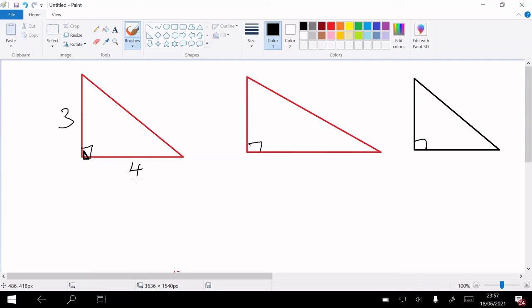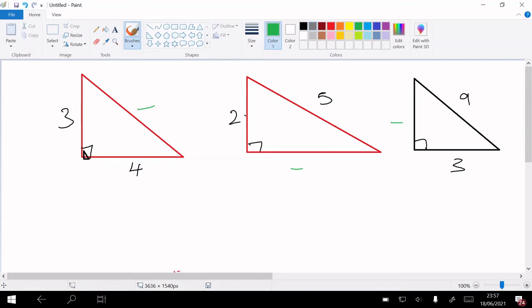For the next one, this is 5 and this is 2, and in this case this one is 9 and this one is 3. So I have three different scenarios. I purposefully did it this way because I want each of these sides to be the unknown differently.